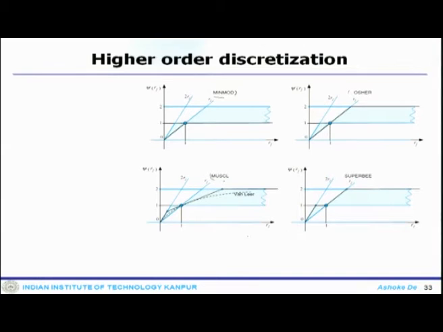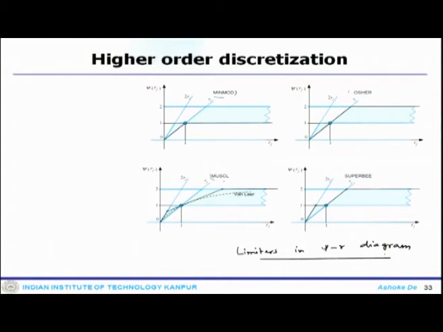So, this is what it shows. Now, how can one actually get this functional form for all of these?